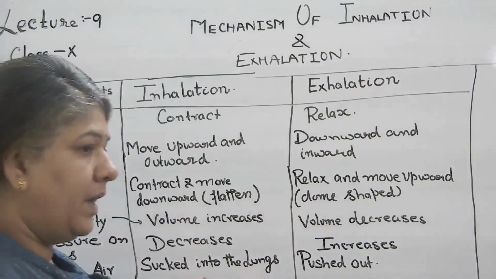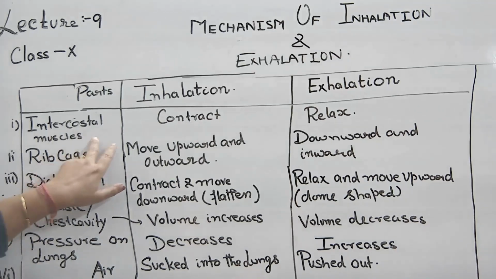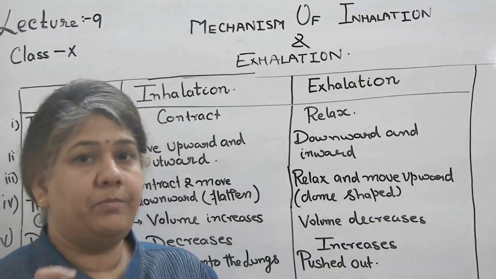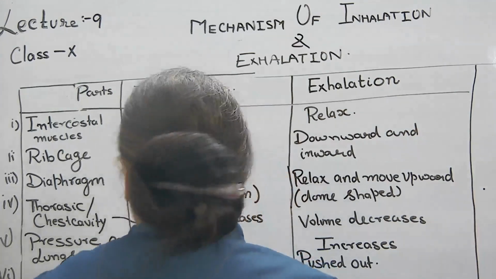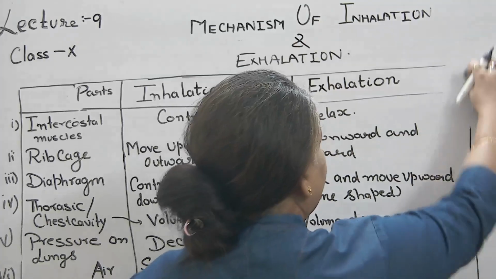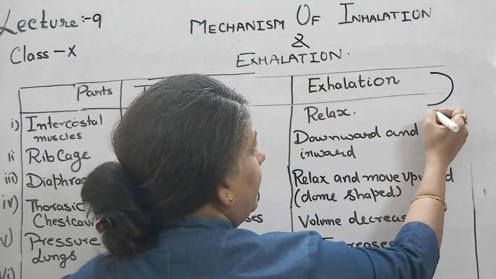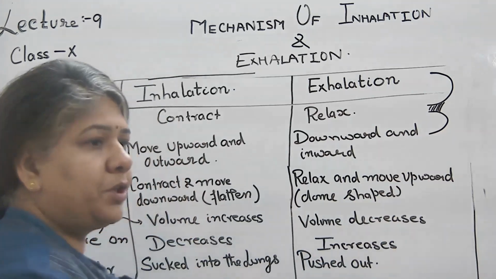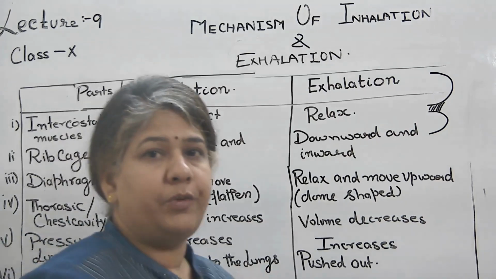So this table will help you understand the mechanism. See, there are intercostal muscles. These are the muscles that are present between the ribs. So if this is our rib, or I'll draw it here. See, these are ribs, and between the ribs are the muscles which are called intercostal muscles, which help in the movement of the rib cage.